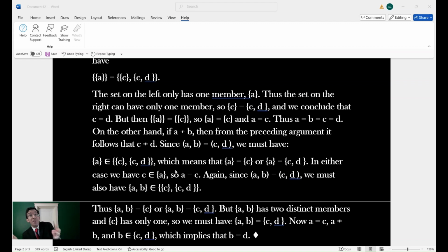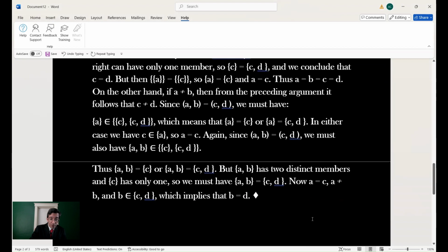Of course, the latter is impossible, because {a} has a single element, and {c, d} contains two elements. So we have to deduce that a is equal to c in that case. But have a look and let me know.